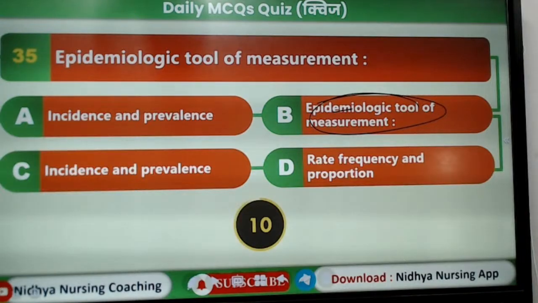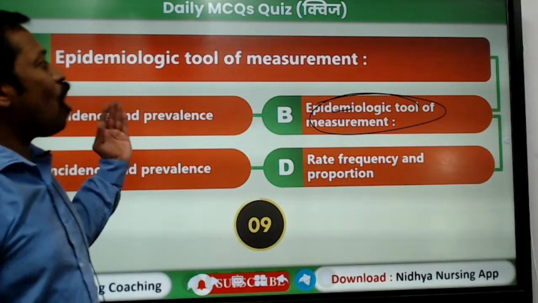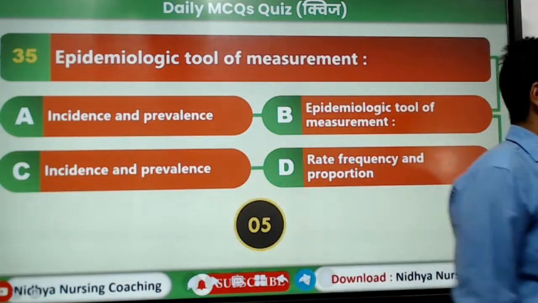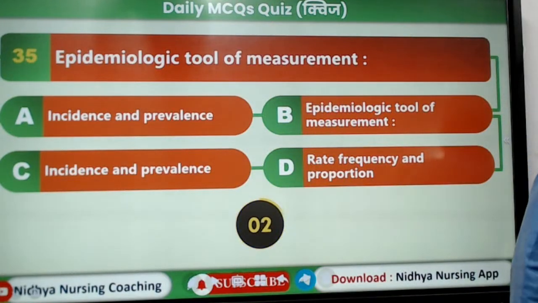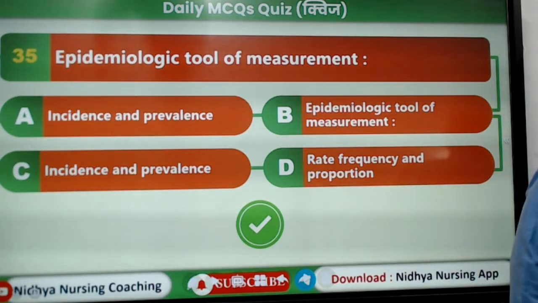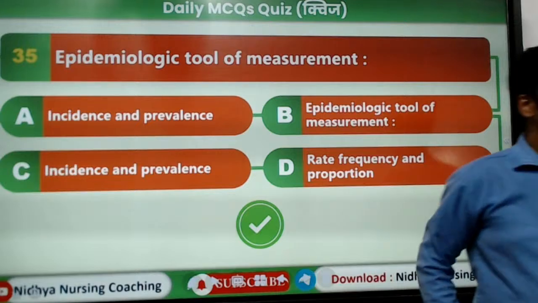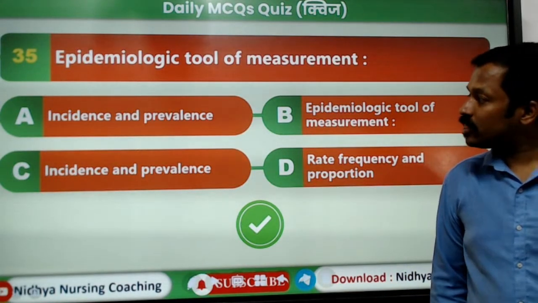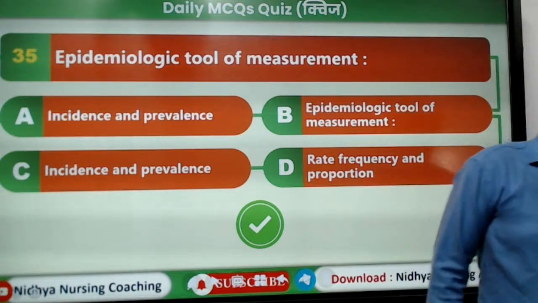Okay, fine. Epidemiological tool of measurement. What are the epidemiological tools of measurement? A and C same? Okay.